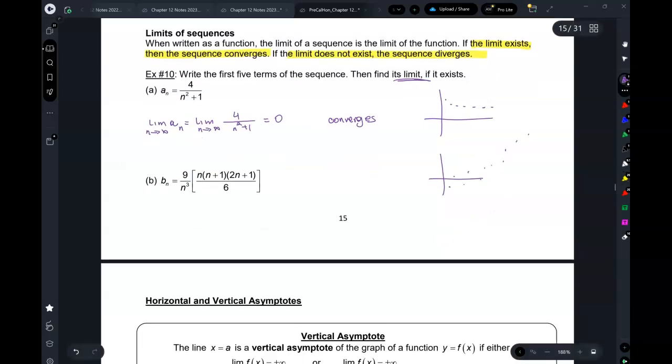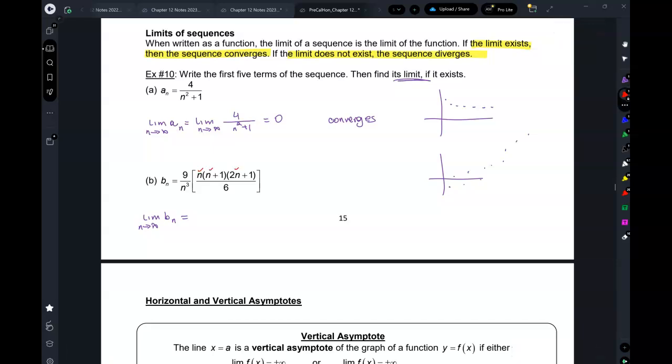So let's take a look at this one. The limit as n approaches infinity of b of n. When you have an infinite limit, remember you take the higher degree over the higher degree. So what's the degree in the numerator here?